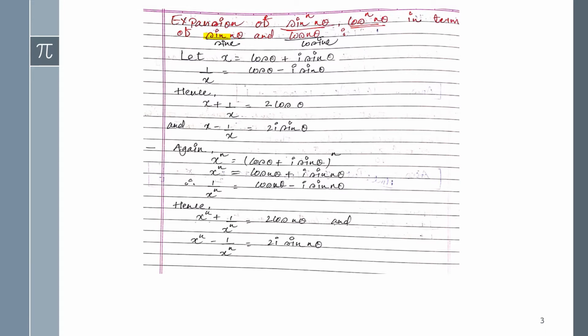I'm highlighting this term, guys. If I talk about our previous session, the question was in the form of sin n theta and cos n theta, and we were converting into sin theta and cos theta.